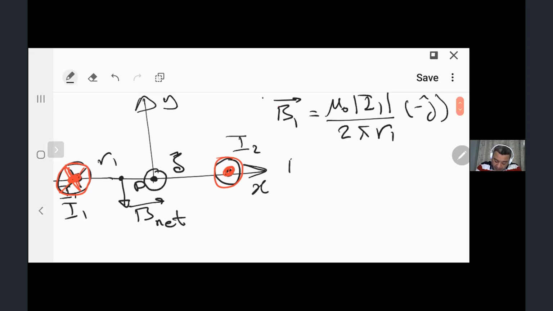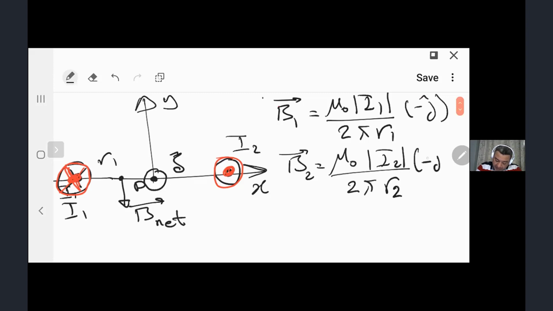And now for B2, it is mu naught, I will write it as positive as well, over 2 pi R2. And now the direction for the magnetic field is also minus j hat.